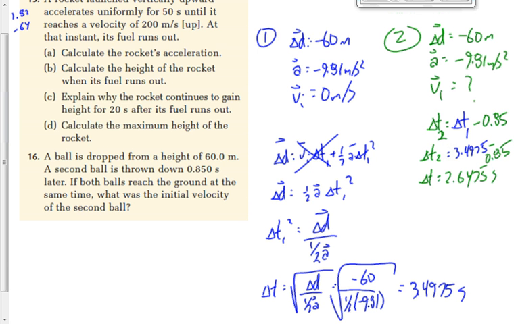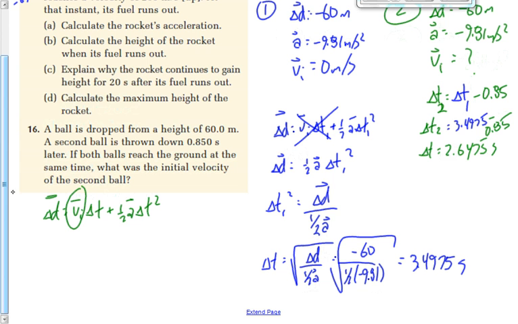Let's get v_i. Let's do it over here where we have a little bit more space. d = v_i t + 1/2 a t squared. This time solving for v_i. Okay. What do you get rid of first here, guys? Rule number 1, get it on the top. It's already on the top, right? Rule number 2, get rid of, Jordan? What's not attached to v_i here? The 1/2 a t squared.